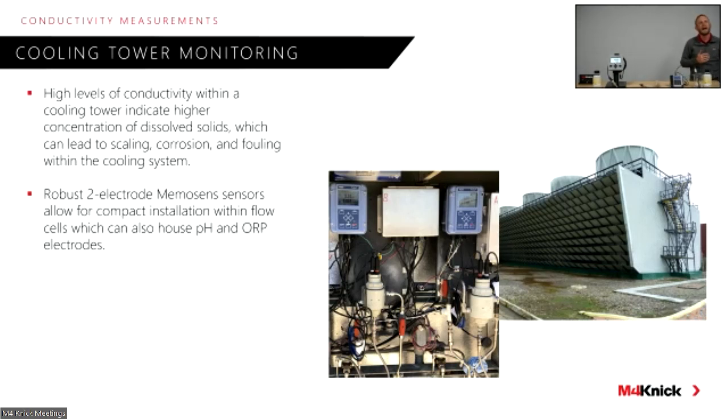And oftentimes for cooling water, we're monitoring pH, we're monitoring ORP. So again, that fit and form of that 2 electrode SE615 plays perfect here because you can house all of these in one sample flow cell, such as our ARF series here, the ARF 215 in the photo. So cooling towers, very, very popular application for 2 electrode sensors.